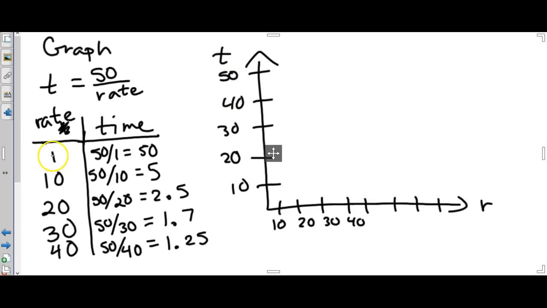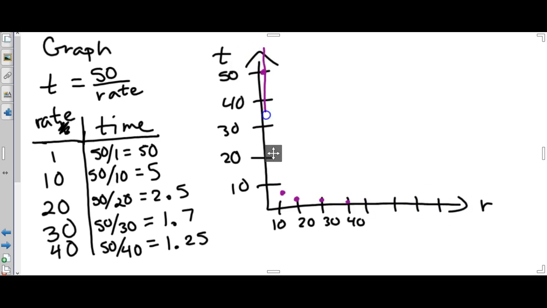So if you go 1 mile per hour, it took 50 hours. So 1 is just past the y-axis, and then we're at 50. Then if we go 10 miles per hour, it takes 5 hours. So that's a big jump down. If we go 20 miles per hour, it's 2.5 hours. 30 miles, 1.7. 40 miles, 1.25. And we could keep going.